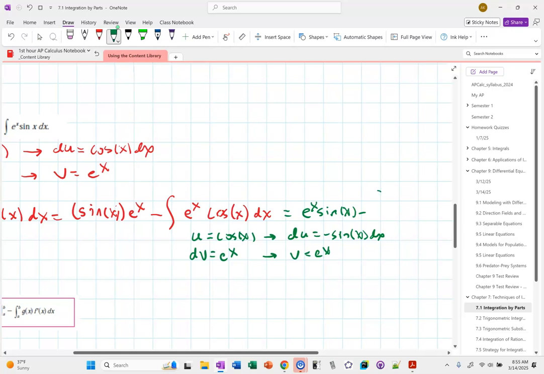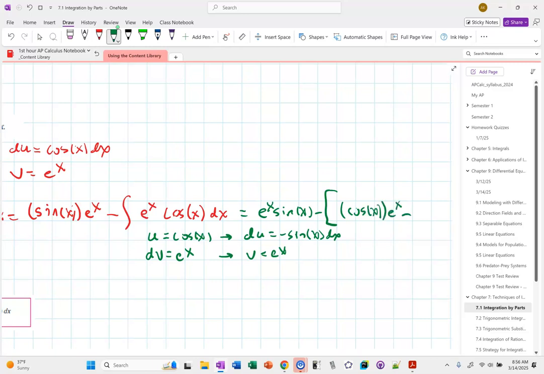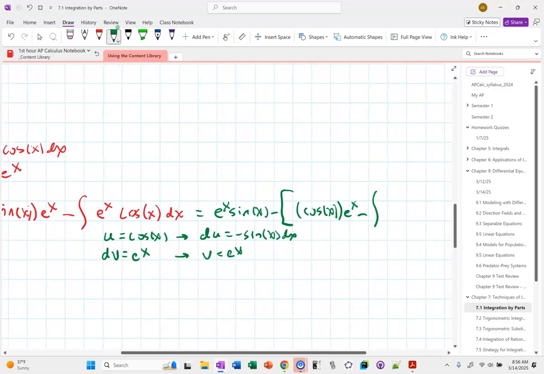So when I do my parts a second time, I have u times v minus the integral of v du.